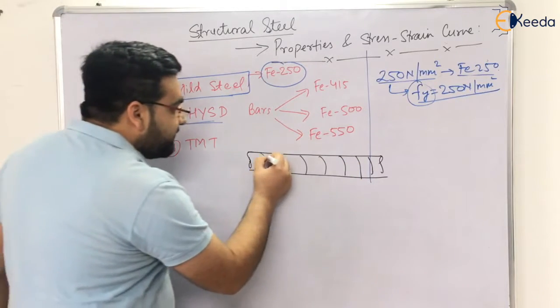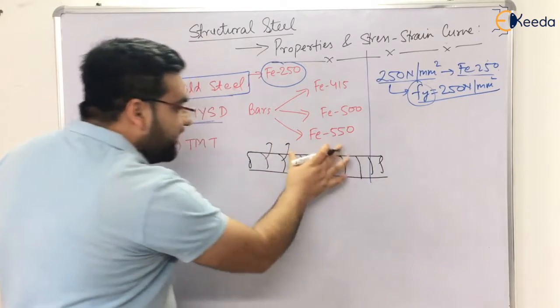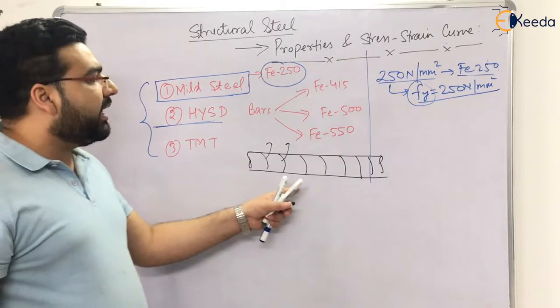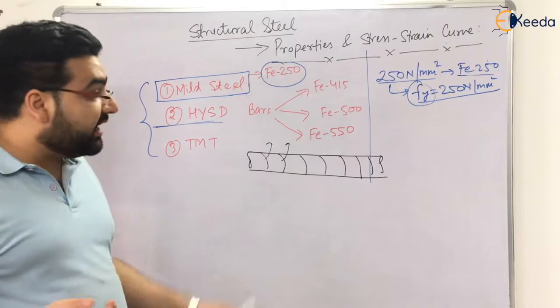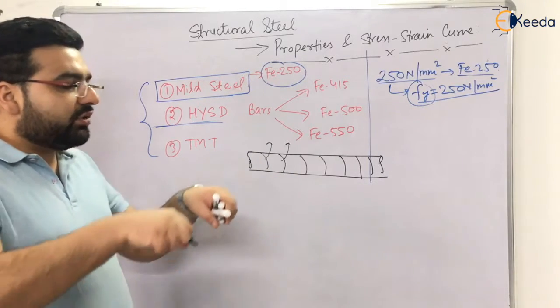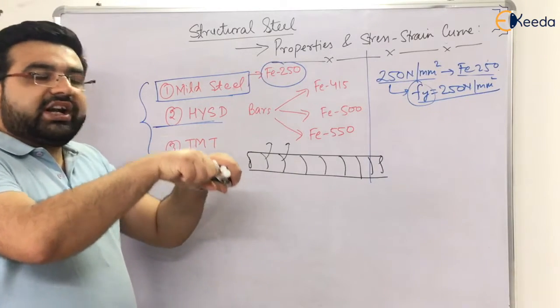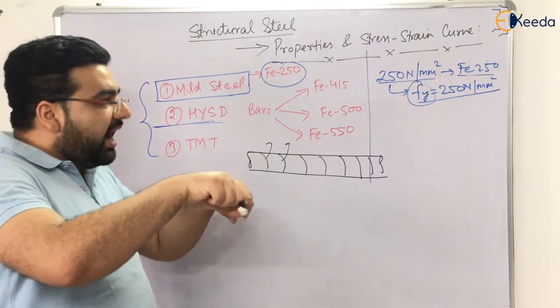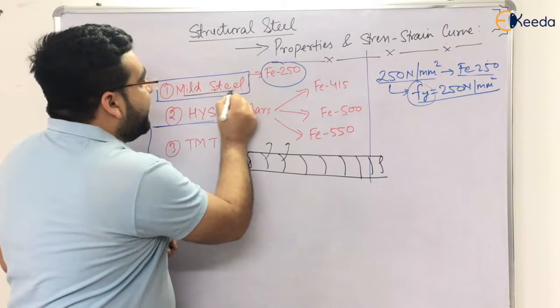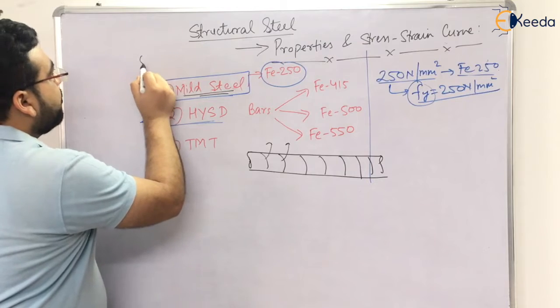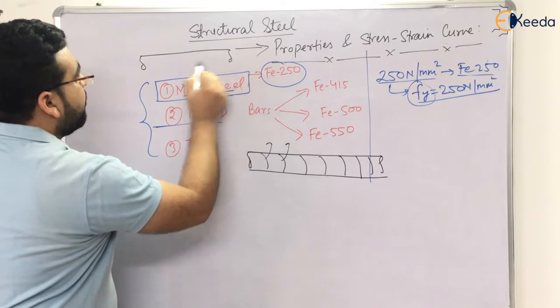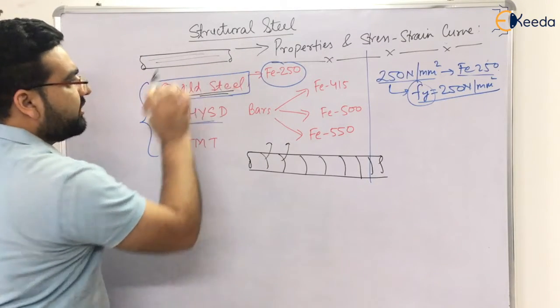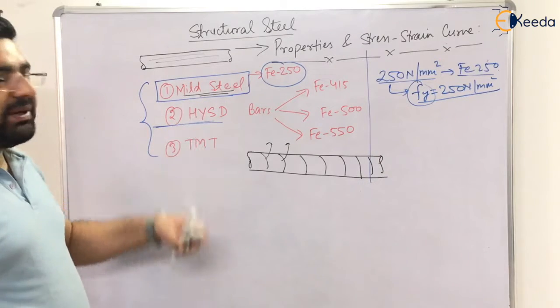So what are these ribs? These types of bars are known as deformed bars. So why are ribs provided? So that the bond between the concrete and the steel is much higher as compared to mild steel. Because in mild steel we do not have any ribs. They are simple plain bars, also known as plain bars.